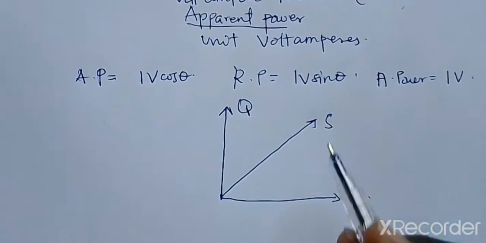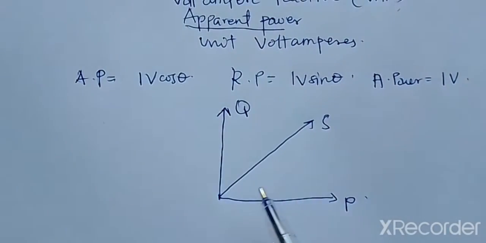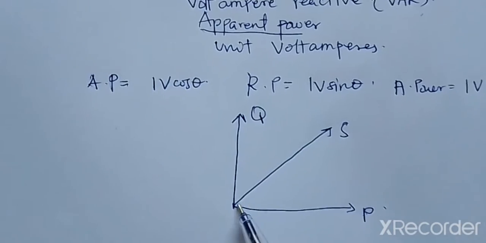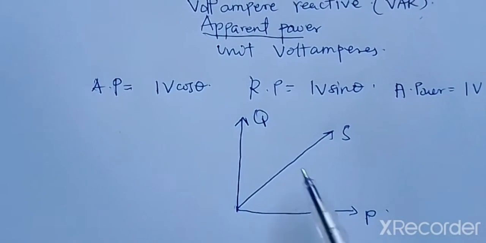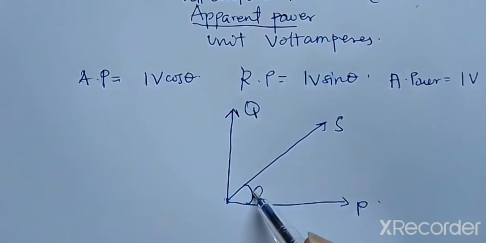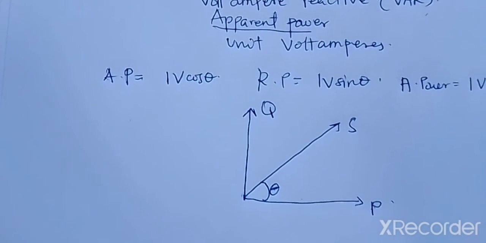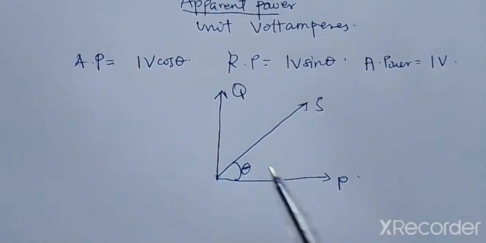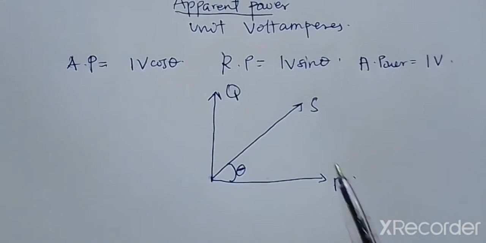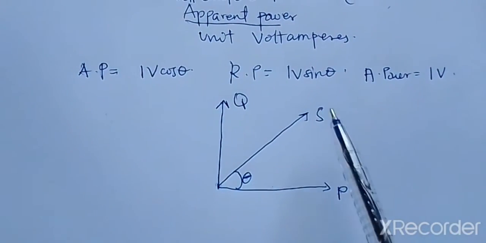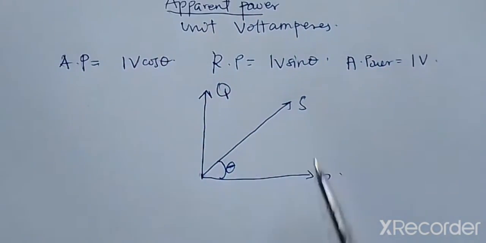Now we can see that the apparent power, S, is leading the active power here, because it is up here and the other is down. We say it's leading by a particular angle, which we call the phase angle, theta. So from here we can see that to find the active part of the apparent power, which is the total power, is simply S cos theta.